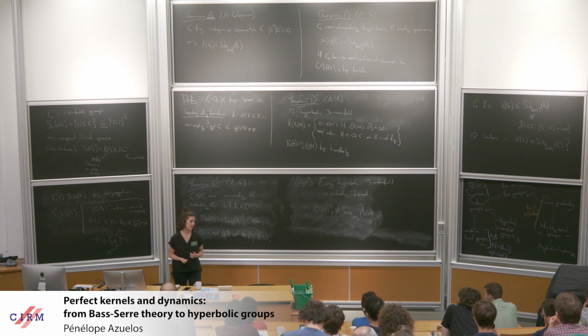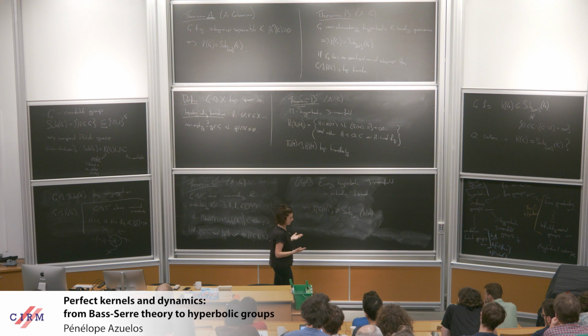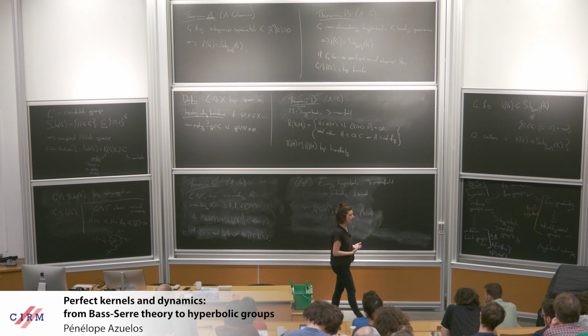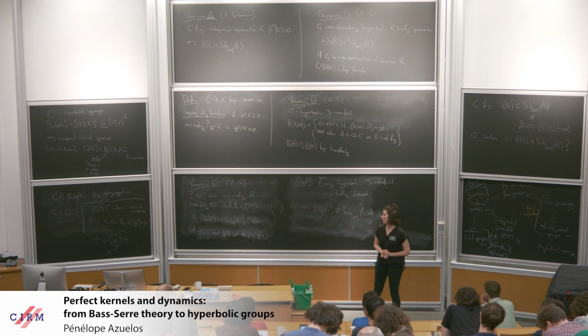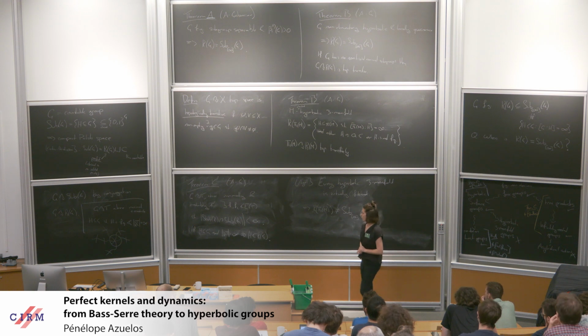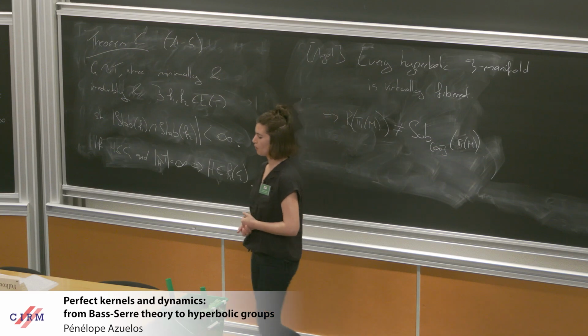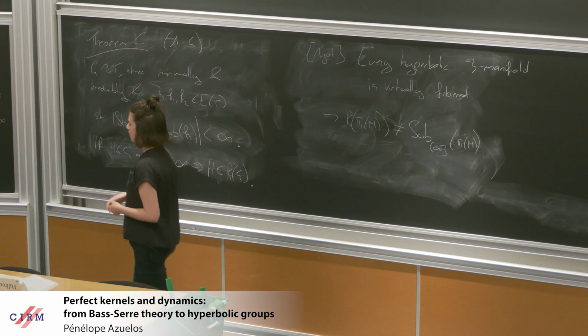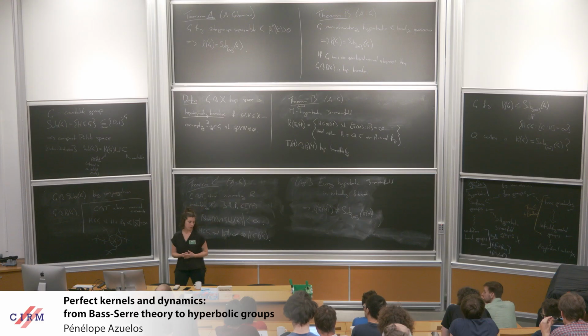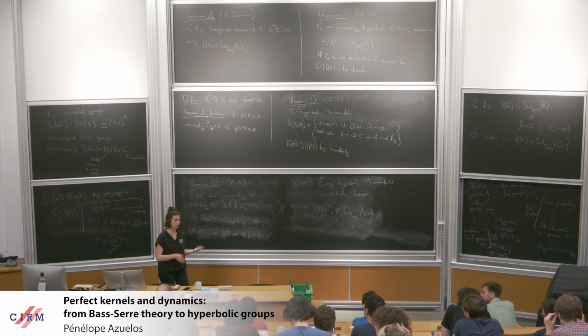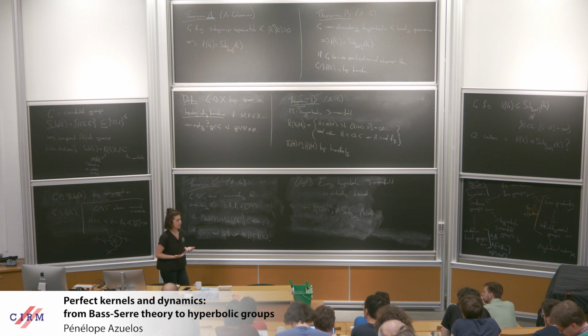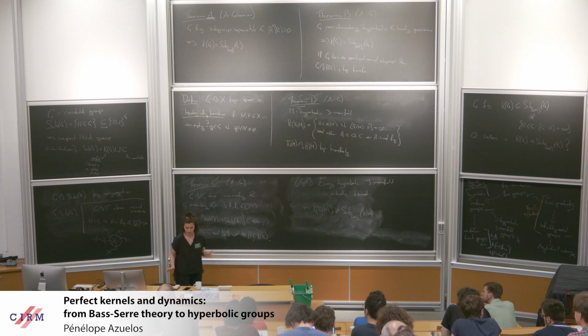The trouble is that you can build an acylindrical action of a finitely generated group such that the group contains an infinite index subgroup where the quotient is finite. You can do this in such a way that the subgroup in question is in the perfect kernel, and you can also do it in such a way that it isn't. So you're going to need more information about the group to conclude anything in general.